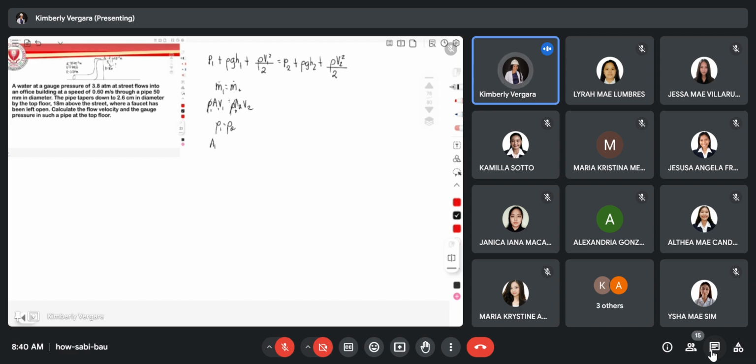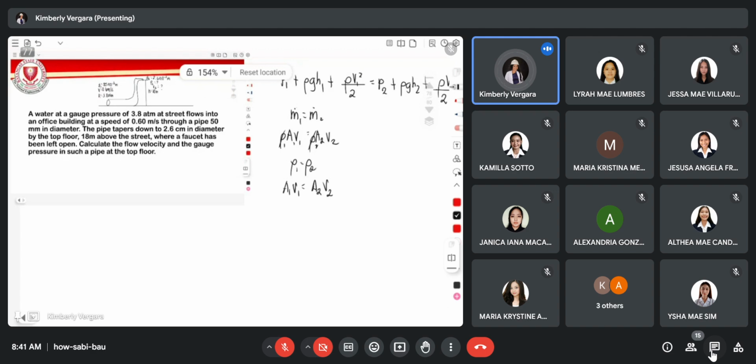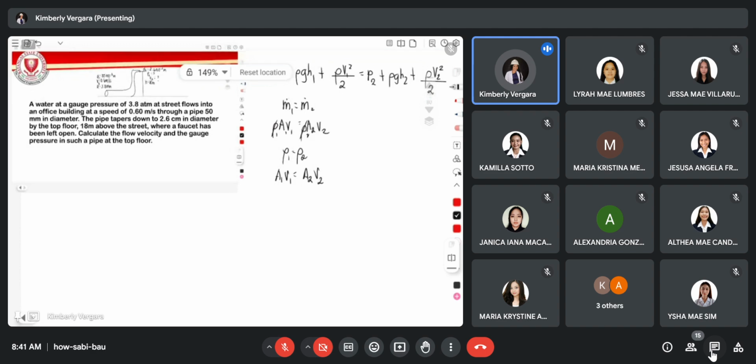So A1 V1 is equal to A2 V2. We can get V2 by first getting A1 and A2, and we have the given V1.